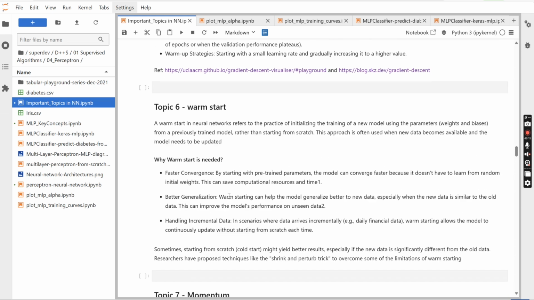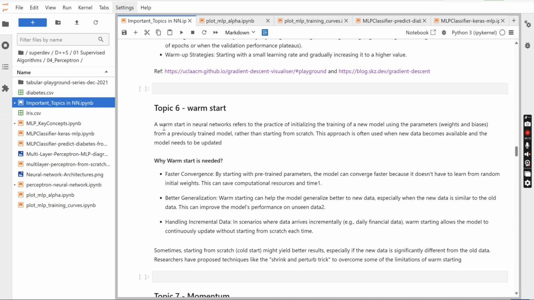Now what we are saying is, when you're using a neural network, if you have already trained the model to learn the previous pattern and new patterns have come up, instead of starting the training of the model from scratch on the new data, which is a waste of too much compute, we are going to use the previous weights as they are and slightly tweak them.